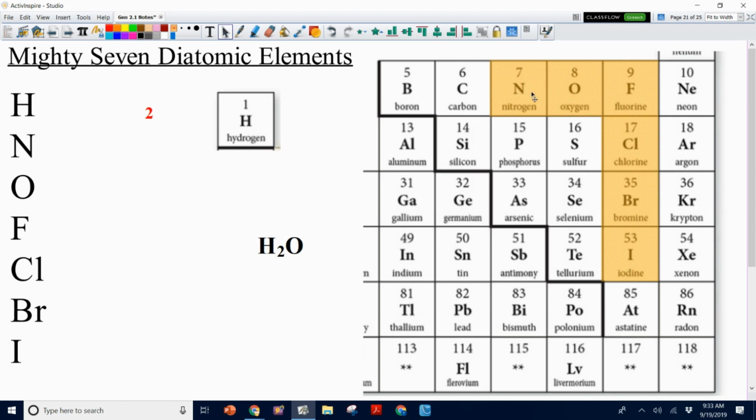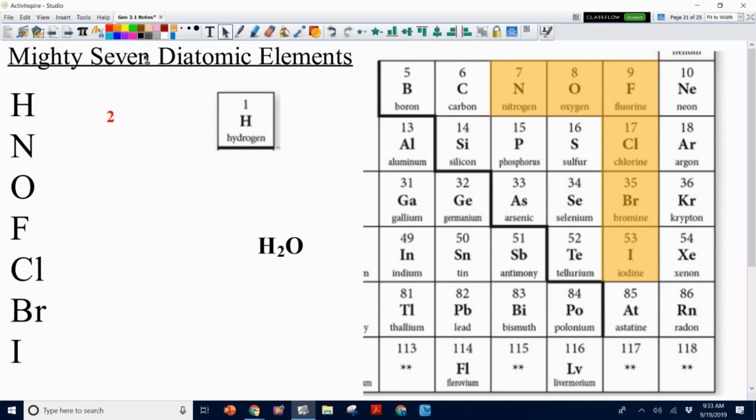So if you look, it's nitrogen, oxygen, fluorine, chlorine, bromine, iodine. Okay, and they all exist when they're by themselves, not bonded to anything. When they're by themselves, they exist as diatomic, which means they have to have a 2 there. So hydrogen has a 2, nitrogen will have a 2, oxygen will have a 2, fluorine, chlorine, bromine, and iodine.